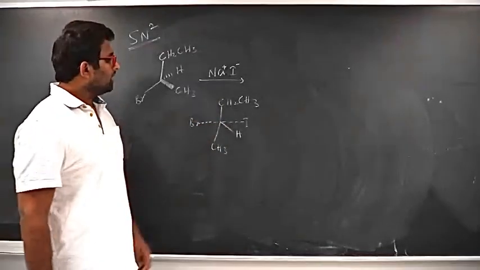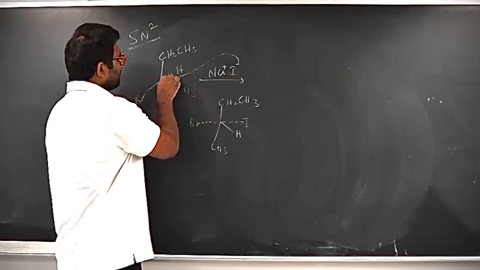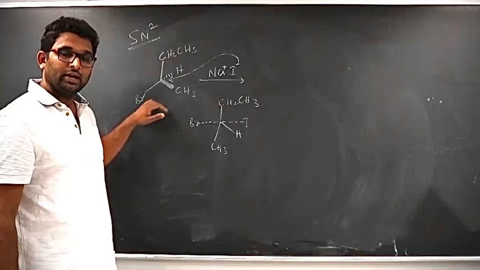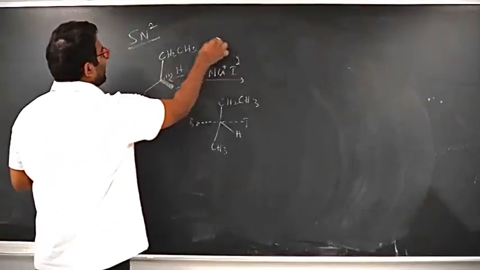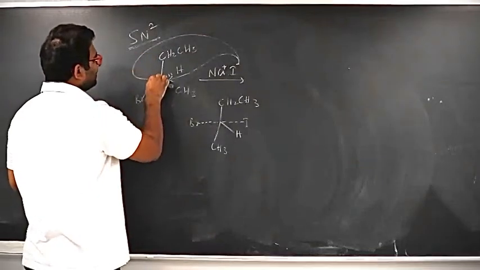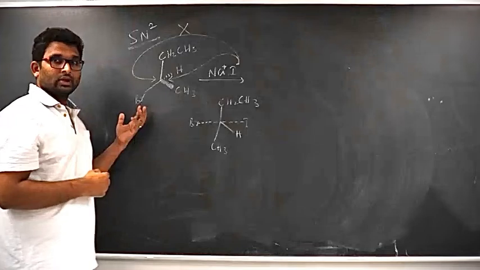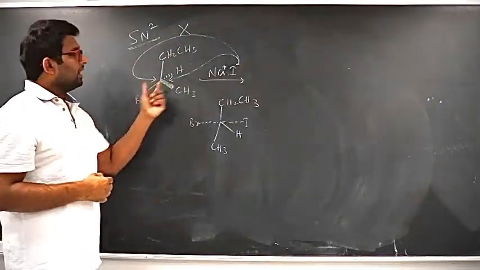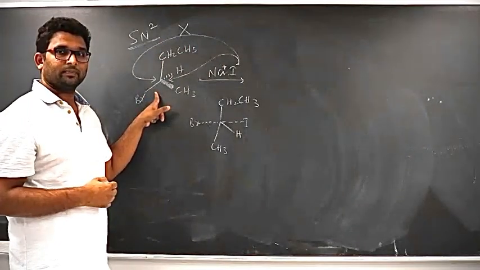bond. Now, the incoming nucleophile always comes from the backside of the leaving group. Here the leaving group is bromine. It won't attack from the same side of the leaving group. This won't happen, because if it comes from the same side, it will have so much steric hindrance.